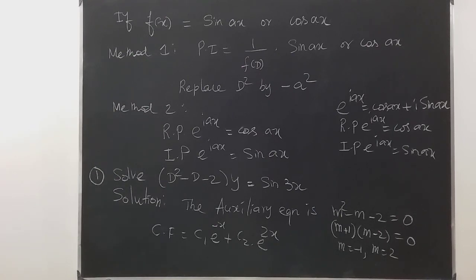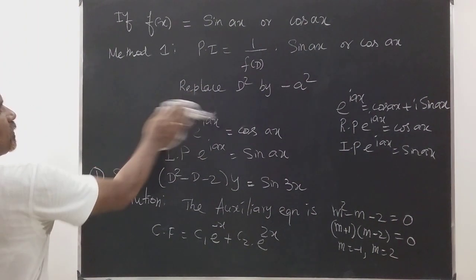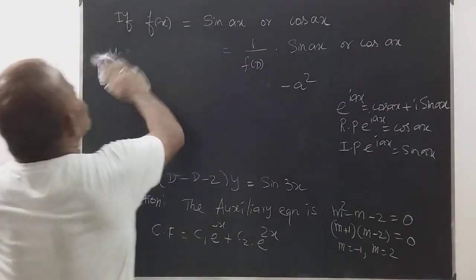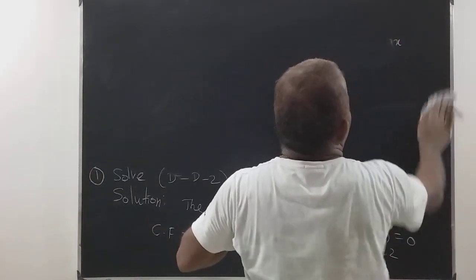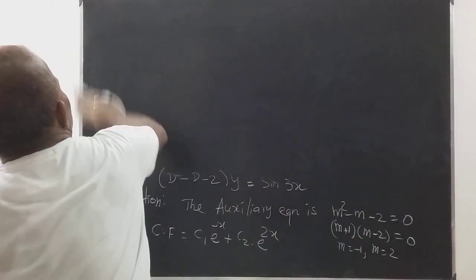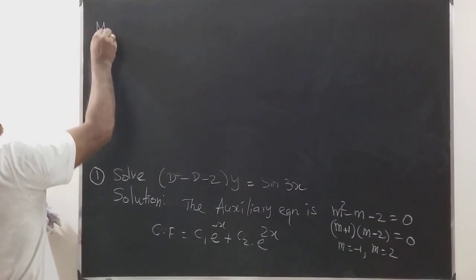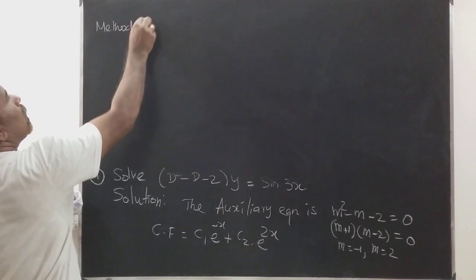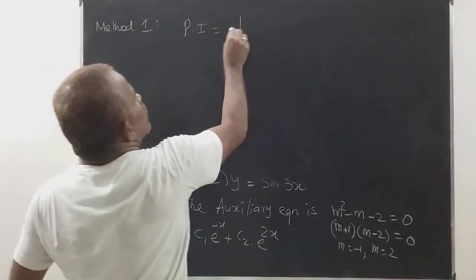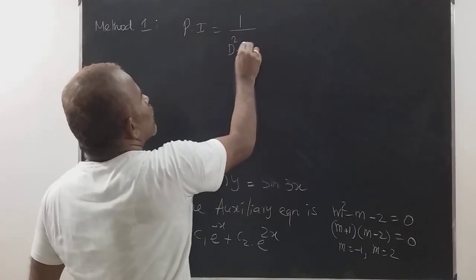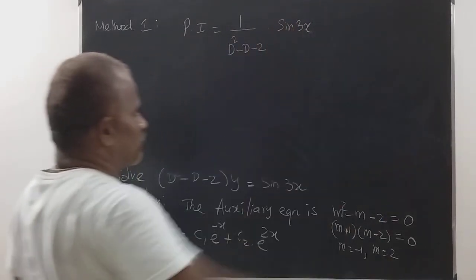Now I am going to find the particular integral in two different methods, one by one. So method 1, particular integral is equal to 1 by d square minus d minus 2 into sin 3x.